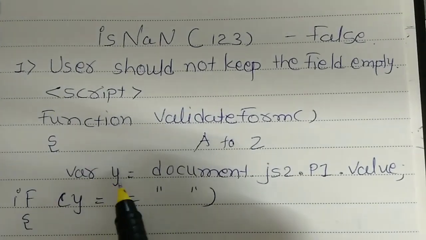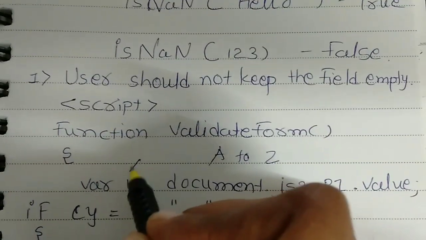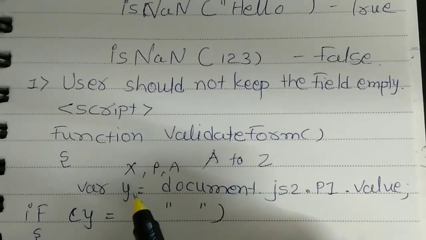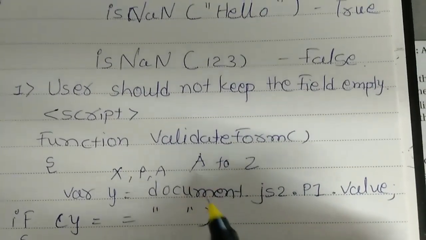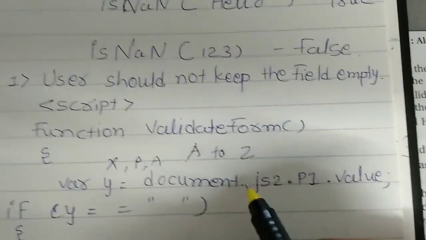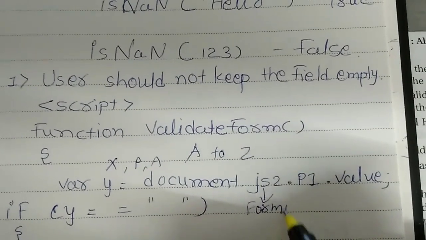I have already written y. Variable y equals, you can write x, you can write p, you can write a, whatever name. Variable y equals document. Document means the whole document. My form is js2, which is my form name.